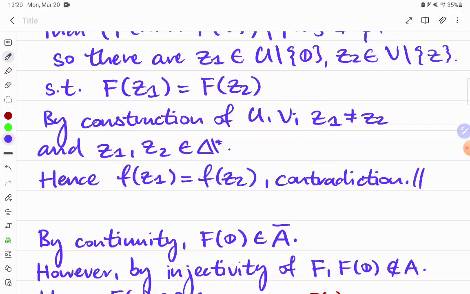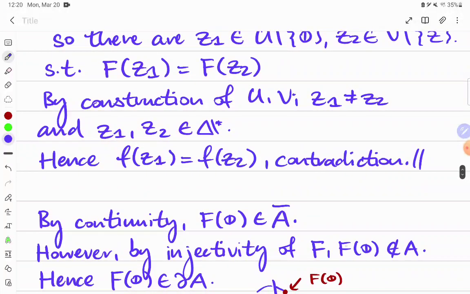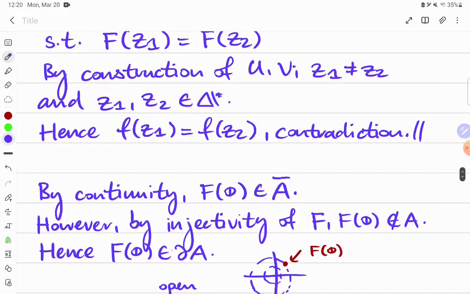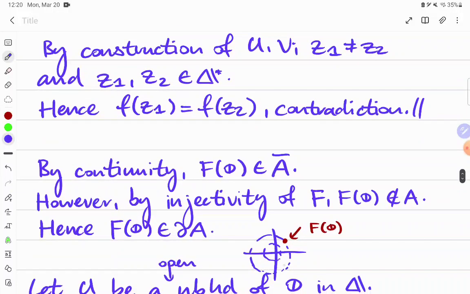This would mean that both 0 and that point in question get mapped to some point in the interior of A, which would contradict injectivity, which we just showed. This means that if F of 0 is not in A, it must be in the boundary of A. So we say that F of 0 is either on this exterior region over here, or it could be of modulus 1.